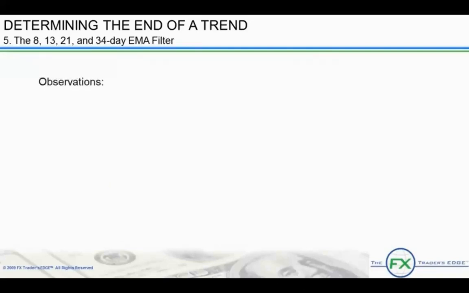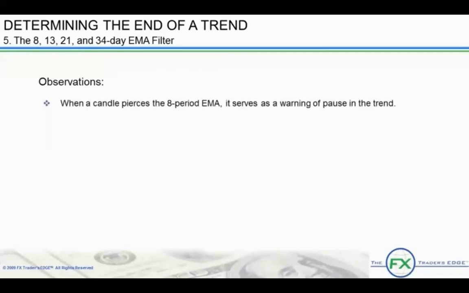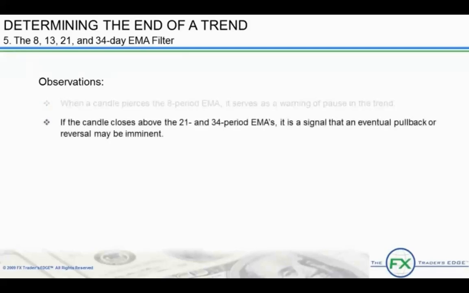Note some observations. When the 8 period EMA is pierced by a candle, it acts as a warning of a hesitation in the trend if the candle pierces but stays below the 8 period EMA. The trend will continue if the close is below all 4 EMAs, but if the close is above the 21 and the 34 period EMA, it's a signal that an eventual pullback or reversal may be imminent.